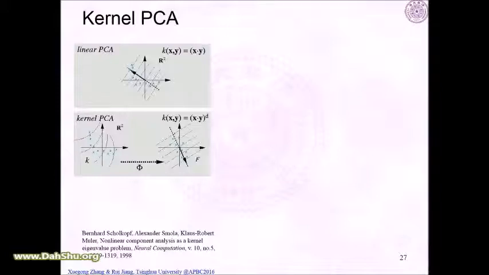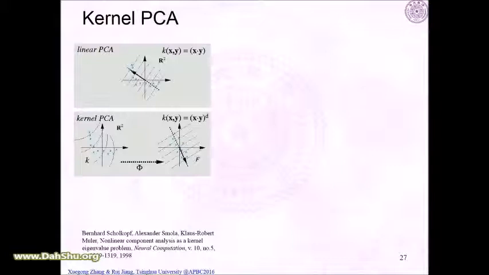If we use linear PCA, we only get this direction, which is not a very good capture of the variance. If we can get this nonlinear direction, it's still one dimension, but it captures more variance in the data. So this is what Kernel PCA does.